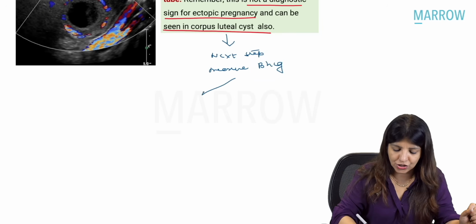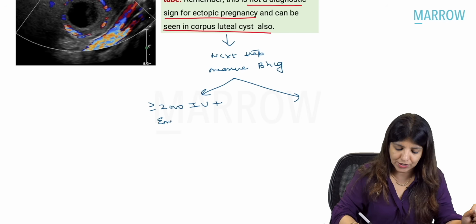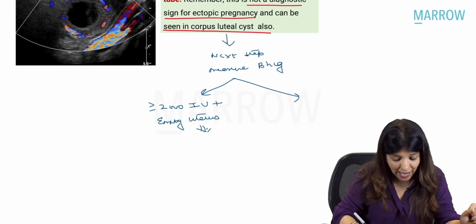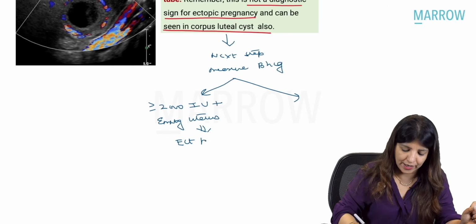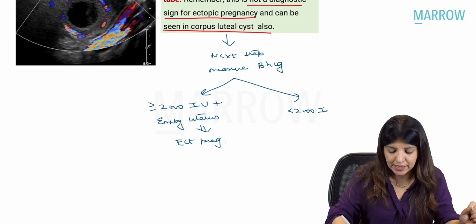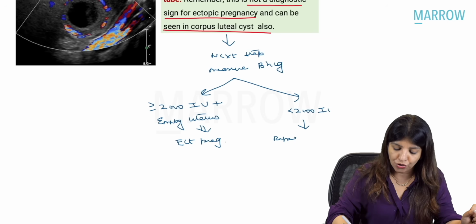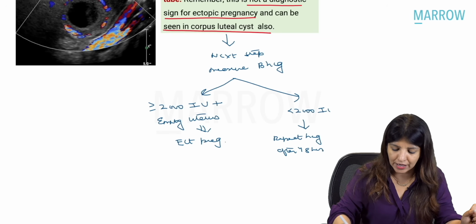If beta HCG is more than or equal to 2000 international units plus you are getting an empty uterus, that confirms that you are dealing with ectopic pregnancy. If beta HCG levels are less than 2000 international units, you should repeat beta HCG after 48 hours.